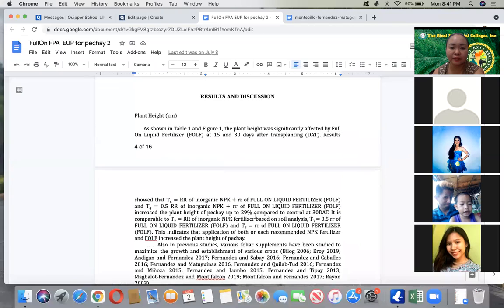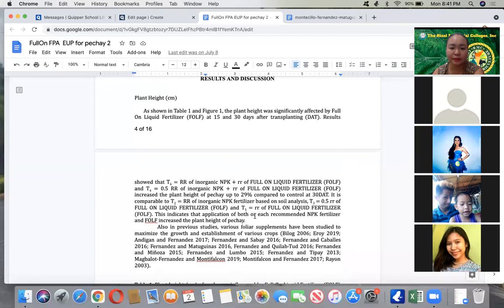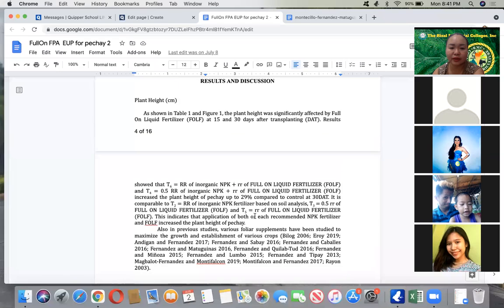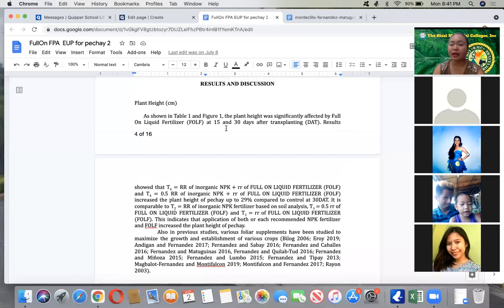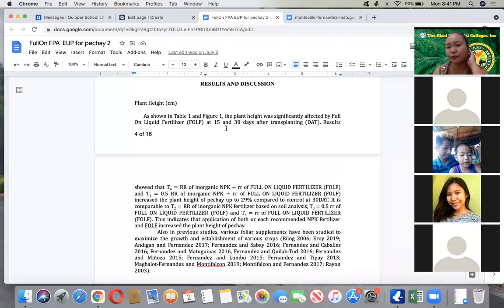FPA EUP. So you show, in this case, the plant height. In some journals, they will just say results first and then the discussion later, after all the results, and the discussion will be as a whole.